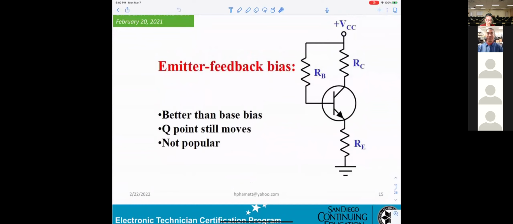How come they say emitter feedback is better than base bias? Who can tell me? Compare the emitter feedback and the base bias.